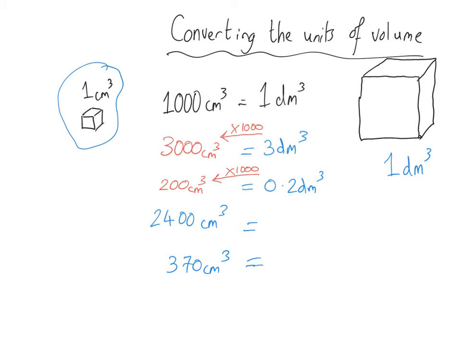If we're going the other way, we do the opposite: instead of multiplying by 1,000, we divide by 1,000. So 2,400 cubic centimetres, we divide that by 1,000, and we get 2.4 cubic decimeters. And last of all, 370 cubic centimetres, we divide by 1,000, and we get 0.37 cubic decimeters.